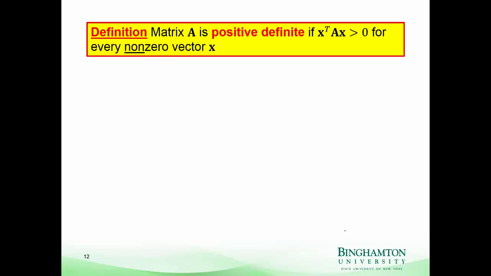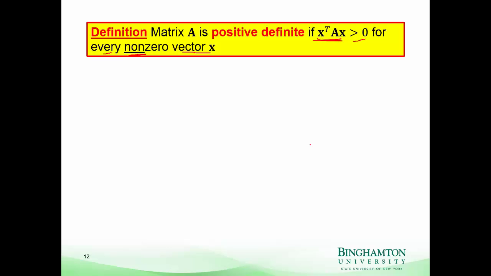So here's our definition. Matrix A is positive definite. This is a new definition. So it's an alternate definition. Matrix A is positive definite if its quadratic form is greater than 0 for every non-zero vector x. Obviously, I can make this thing equal 0 if I pick x equal to 0, but I don't want that, right?